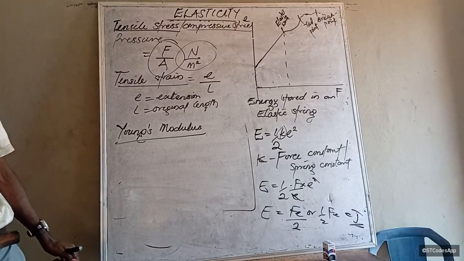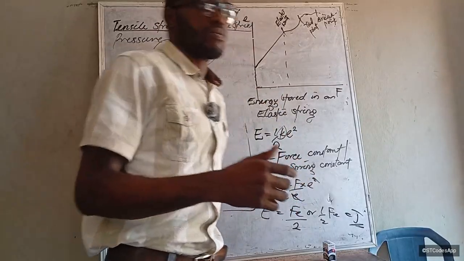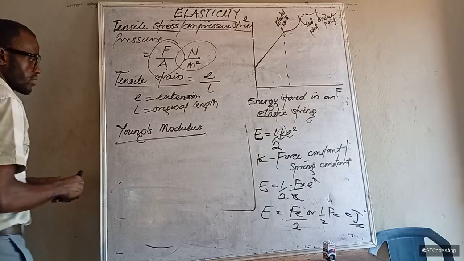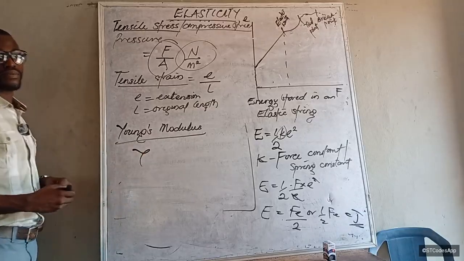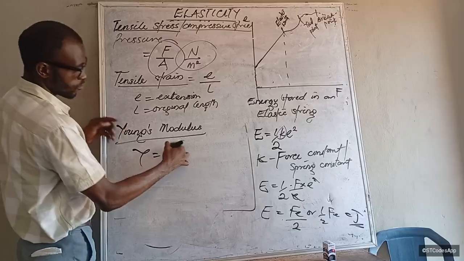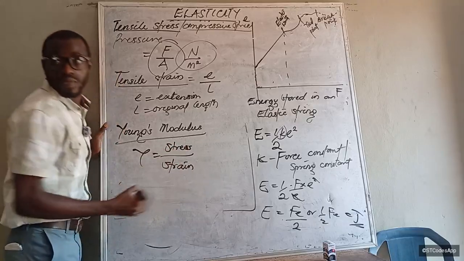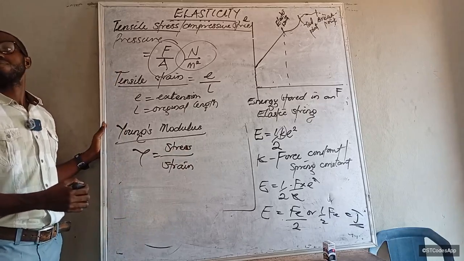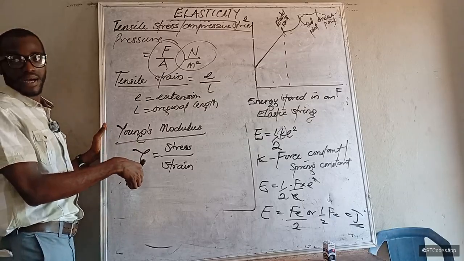It is represented by gamma. Gamma will be the ratio of what? Stress to strain. Make sense?